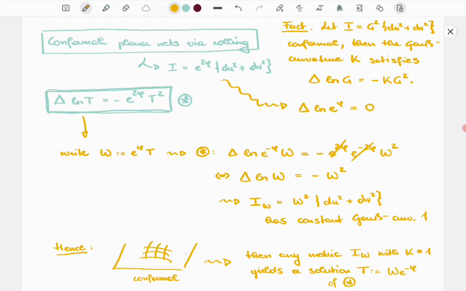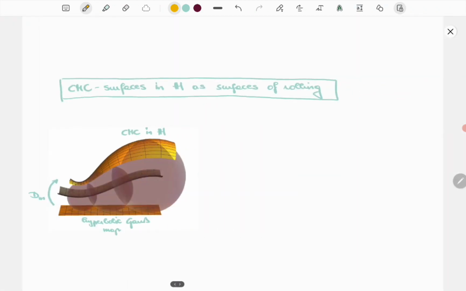So we have now seen that for any conformal map in the plane, there exist many pairs of surfaces that generate the conformal map as surface of rolling. Our question is now, which of these pairs of surfaces generate exactly the Darboux pair consisting of the hyperbolic Gauss map and its CMC surface in hyperbolic space? And the sought after pair of surfaces can be obtained by another transformation for isothermic surfaces, namely by a so-called T transformation.